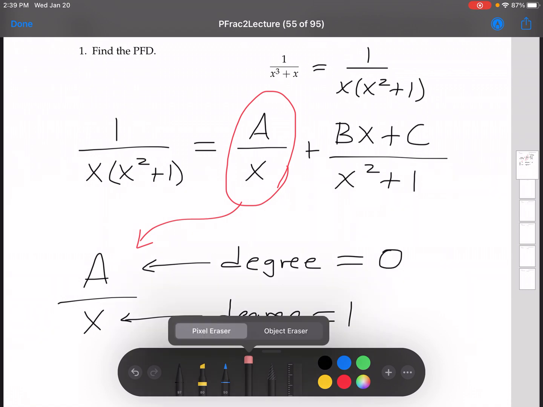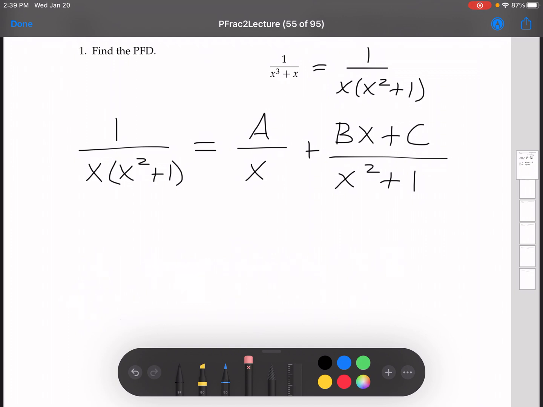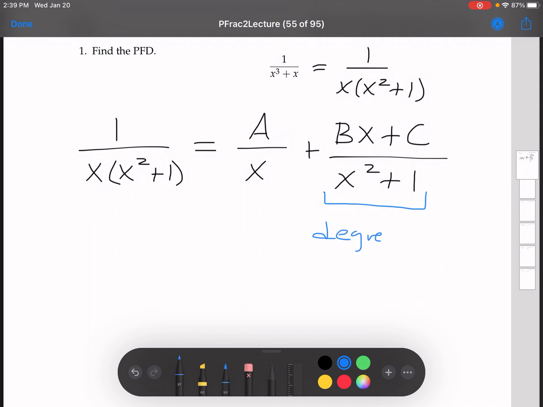In a similar way, now look at this second piece over here. This thing here has degree 2, right?